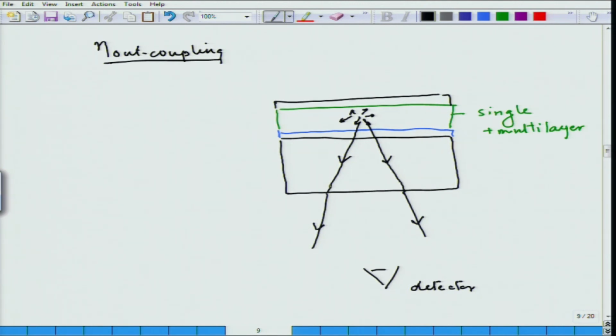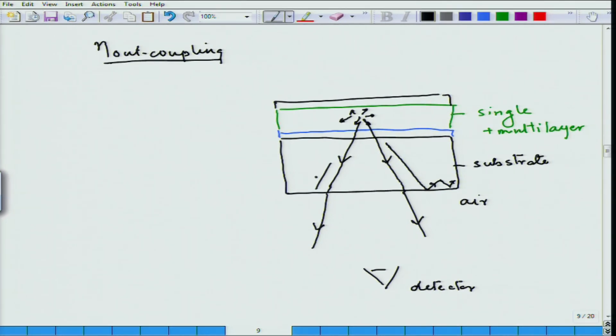So, what is happening to the rest of the light? What is happening to the rest of the light is that, in a schematic form, outside this cone, when the light comes to the interface between air and the substrate, because of the difference in the refractive index of the substrate and the air, this gets complete internal reflection.